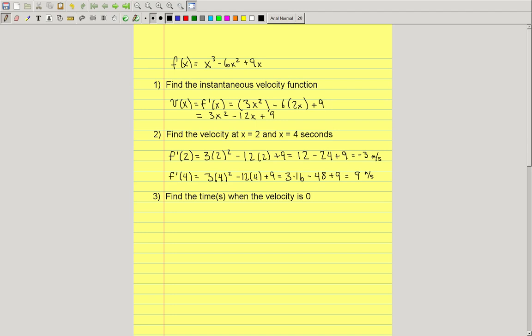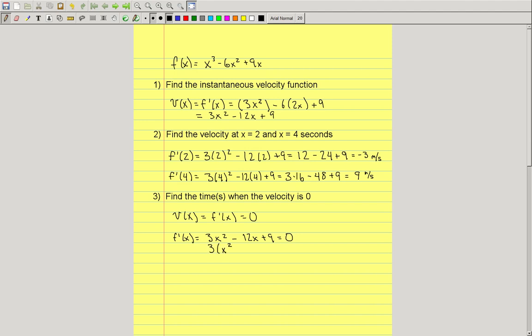And lastly, we want to determine when the velocity is equal to 0. That means that we want to set v of x, or f prime of x, equal to 0 and solve. f prime of x equals 3x squared minus 12x plus 9 equal to 0. We would like to factor out a 3 to make this easier to work with.